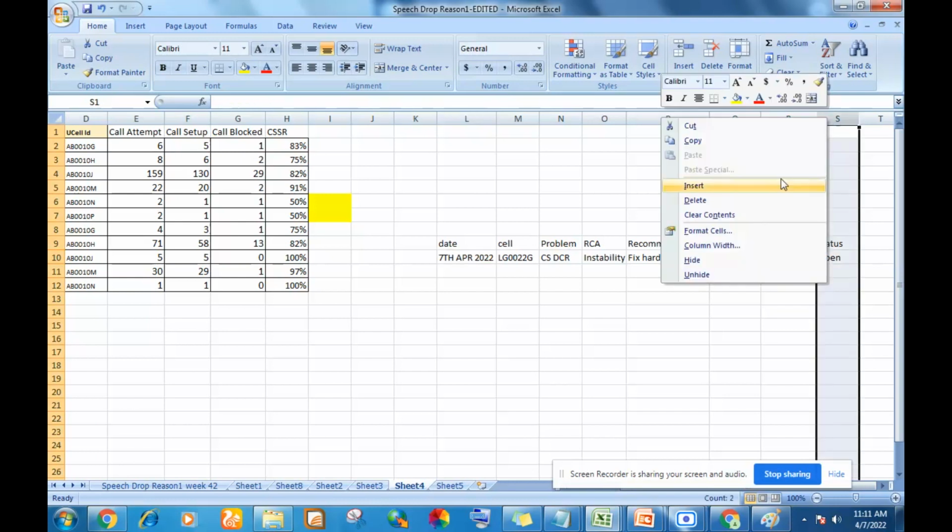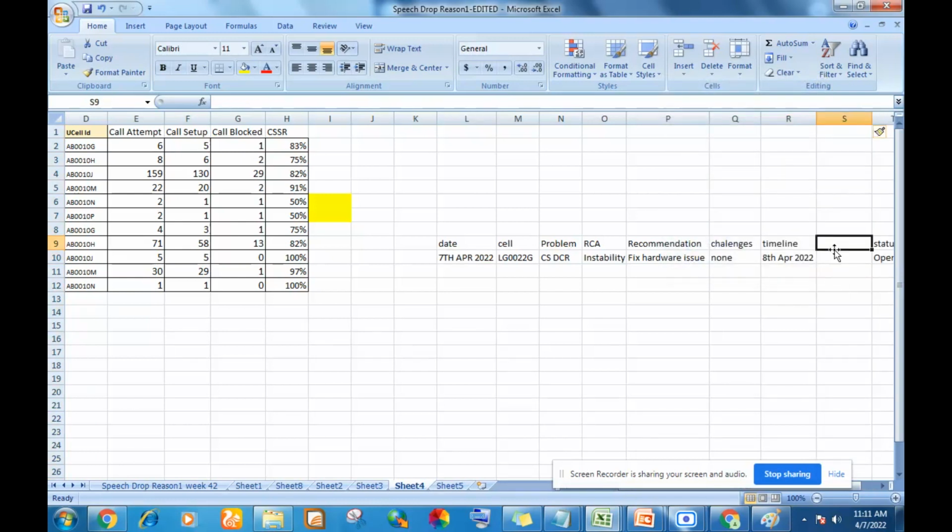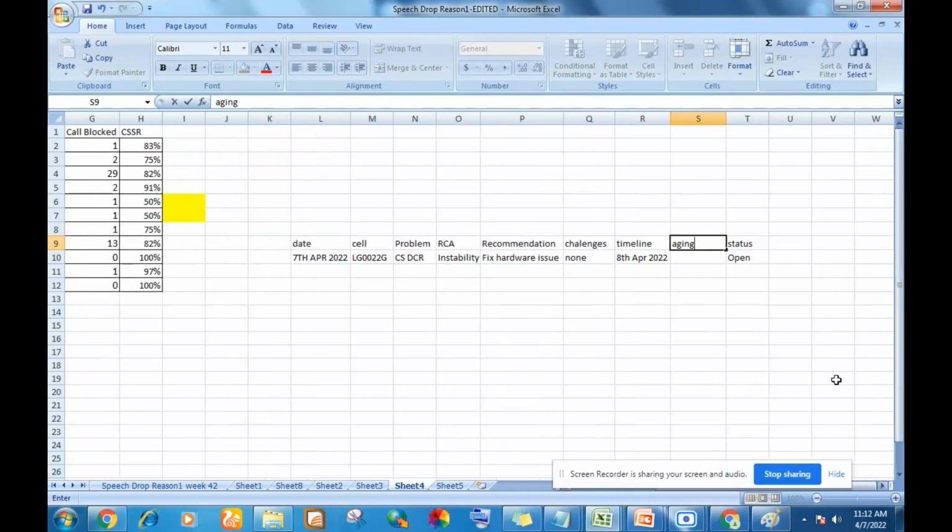Sometimes you can also put aging, so that you know how many days this has been. Aging in days. So aging for this is one day. If after tomorrow it is not resolved, you put 2 days. You update your timeline. And if it's fixed, it's closed.